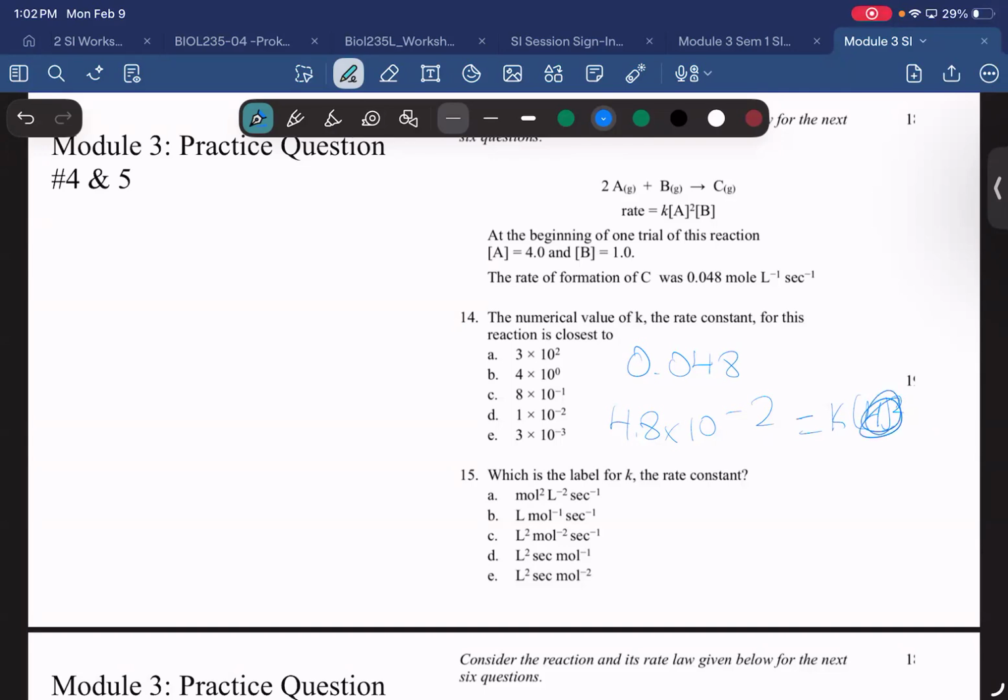So this is 16. Let's make this 1.6 times 10 to the 1, making it a little easier to understand. Then you just divide and you get 3 times 10 to the negative 3. So that's the right answer. Does that make sense?